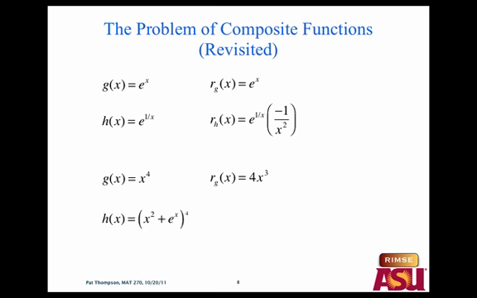Okay, so let's try this one. You might pause the video here and see if you can evaluate this one on your own. First, we want to look at the overall structure, or the big picture. The big picture, the g function, is something to the fourth.